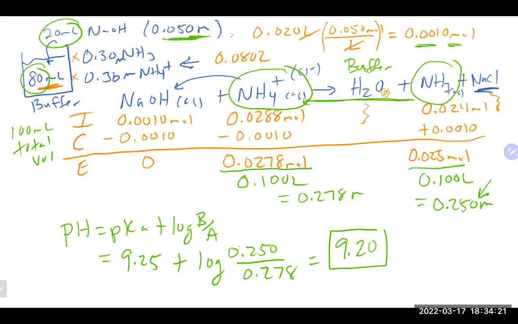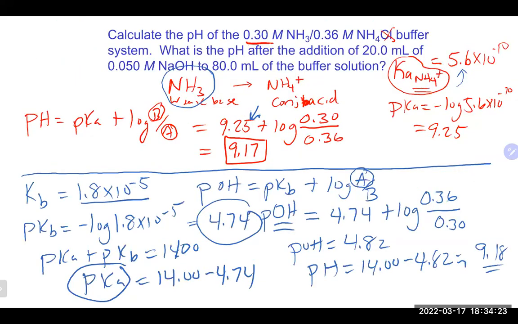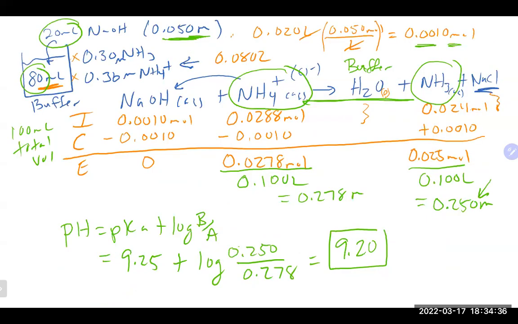Again, we can take a look. When we started here, we had a pH of 9.17, right? We added base to it. We didn't see a big jump in pH. It went up to 9.20, and it did go in the correct direction, which is up, because we added base to it. So these are things you want to think about when you get your answers.